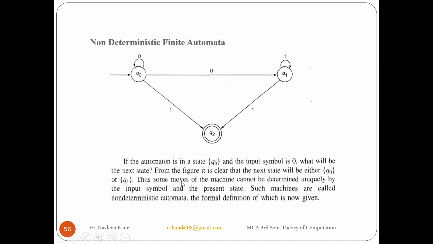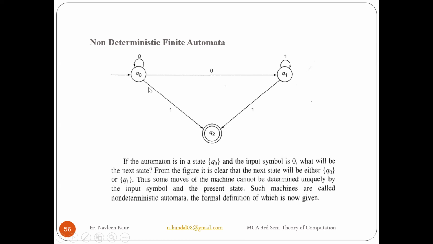Thus, some moves of the machine cannot be determined uniquely by the input symbol. It means this input symbol is now confusing us. We are not able to determine what the next fixed state will be. We are confused between Q0 and Q1. Only the input symbol and the present state are no more telling us the next state.